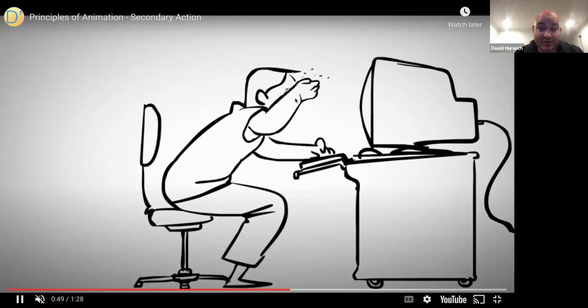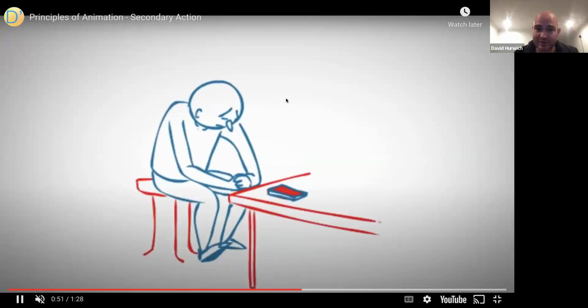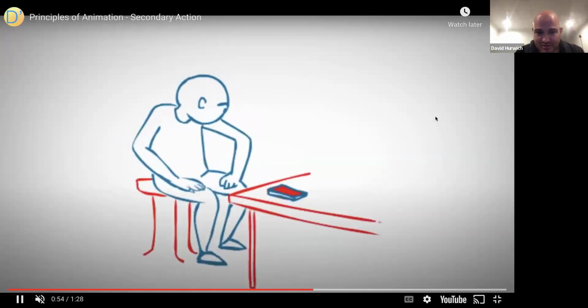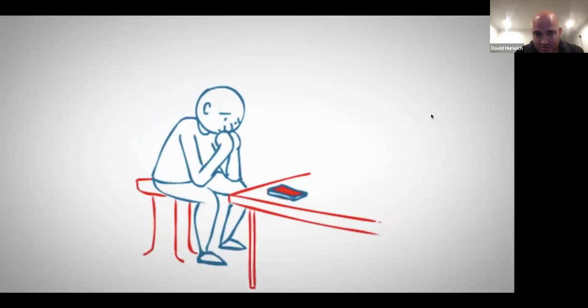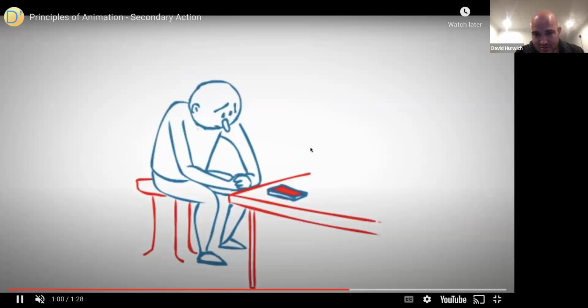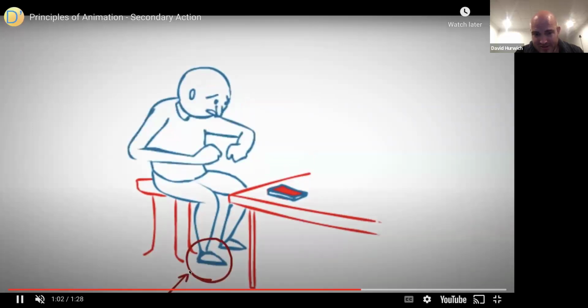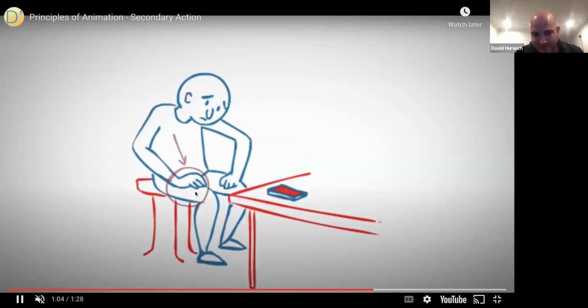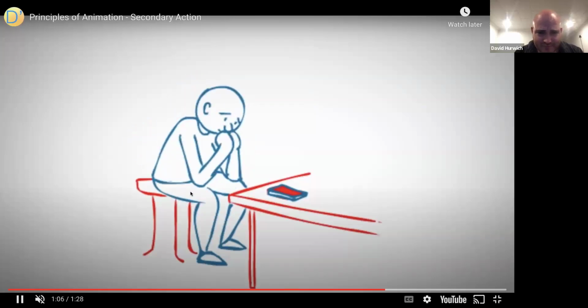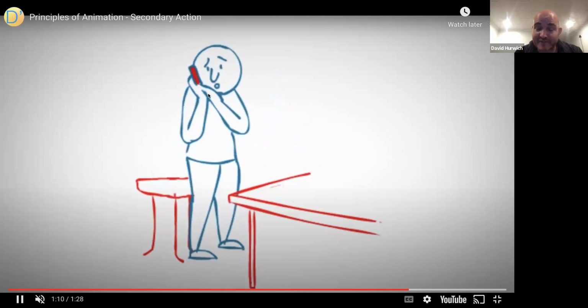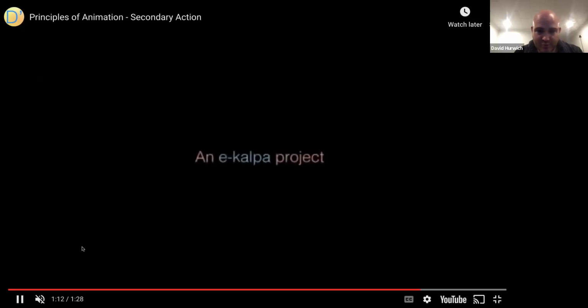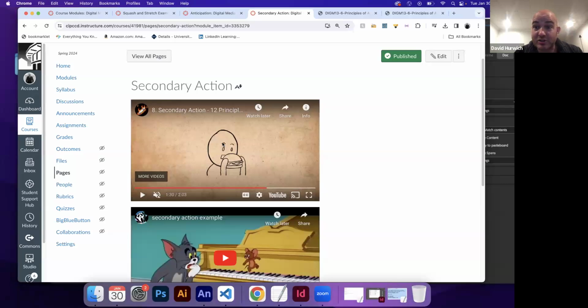That's a secondary action, him wiping his brow. Here he's tapping his toe, tapping his arm or his hand. So those would be secondary actions that support the main action.